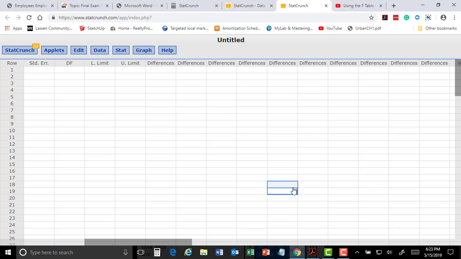A paint manufacturer wanted to compare the drying times between independent samples of 11 cans of type A and 9 cans of type B. Those are your sample sizes, right? They were all painted on the same kind of surfaces.